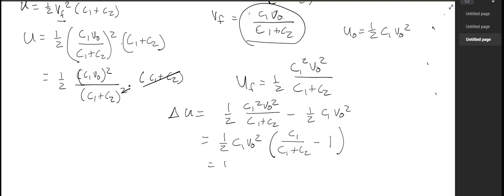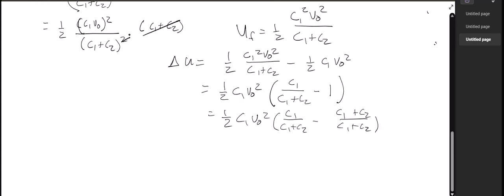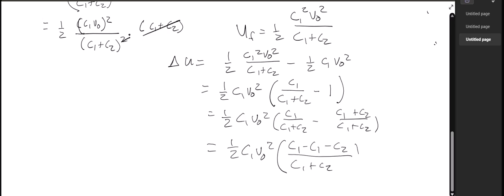And then if I get a common denominator, 1/2 C1 V naught squared times C1 over C1 plus C2 minus C1 plus C2 over C1 plus C2 equals 1/2 C1 V naught squared times C1 minus C1 minus C2 over C1 plus C2.